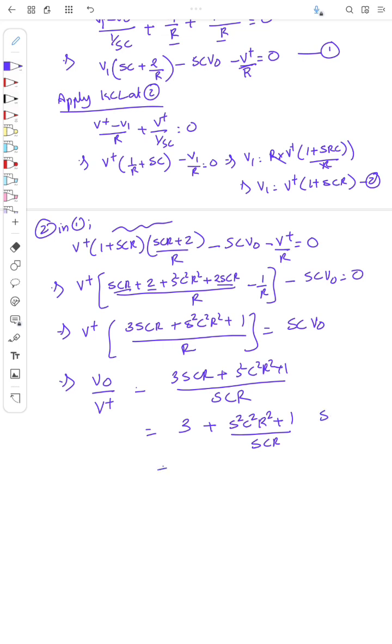Or I will substitute SC equal to J omega. So what happens? 3 plus, this will be J omega square is minus omega square, right? So minus omega square R square into C square plus 1 by J omega RC, right? So this is V naught by V plus.